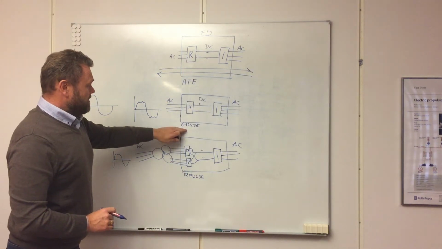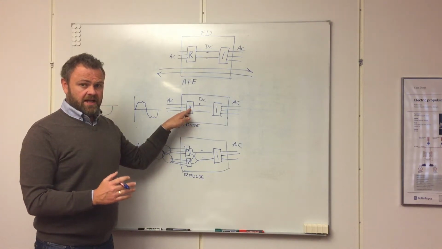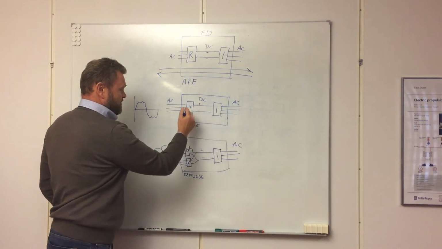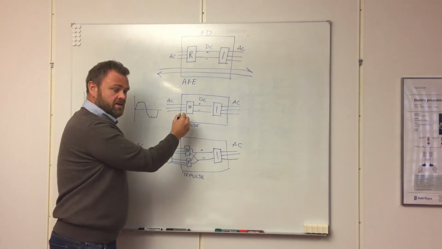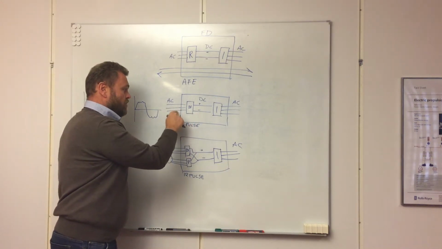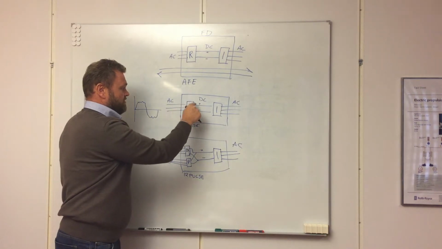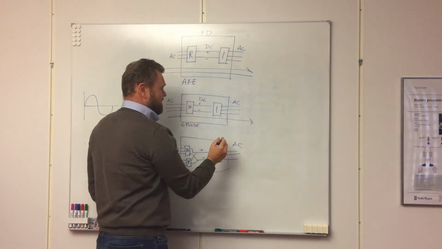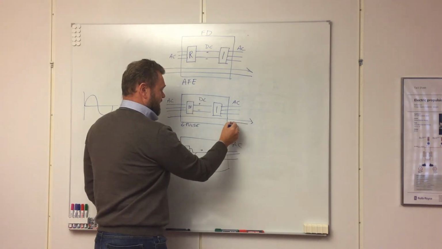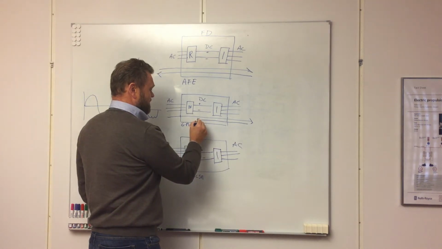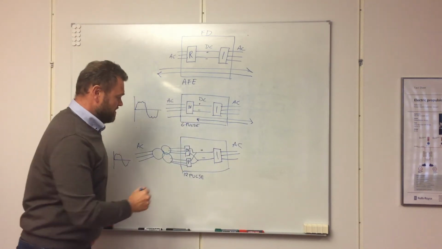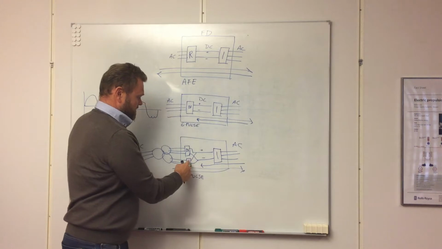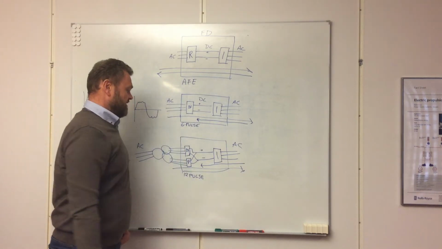With a pulse solution, where you have a passive rectifier, it's not possible for the power to pass through the rectifier. Because this is a passive unit, it will only rectify the AC to DC. So you can move your energy in that direction, but you cannot move energy backwards further than to the DC part. And that is the same for the 12 pulse as well. You can never go further back than you meet the diode, and then it's stopped.